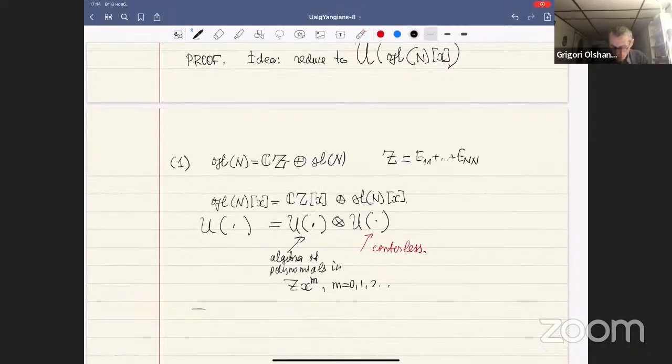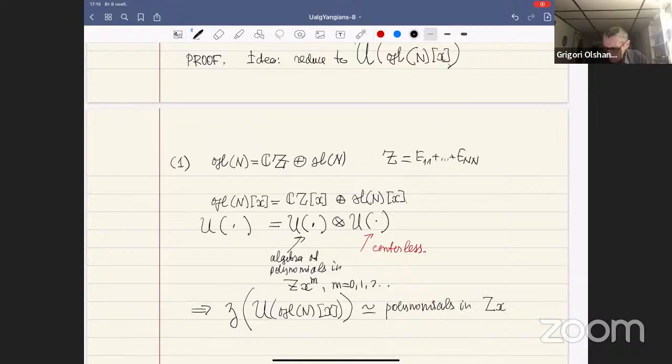So the center of this is isomorphic to polynomials in these elements.